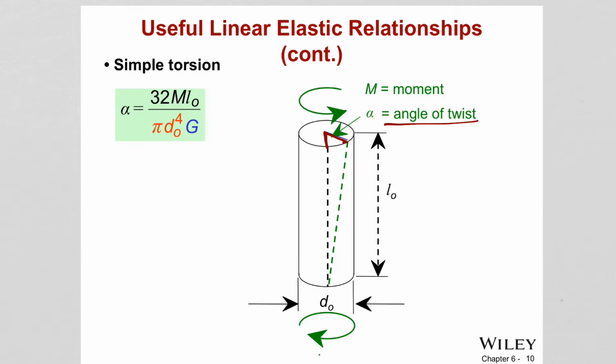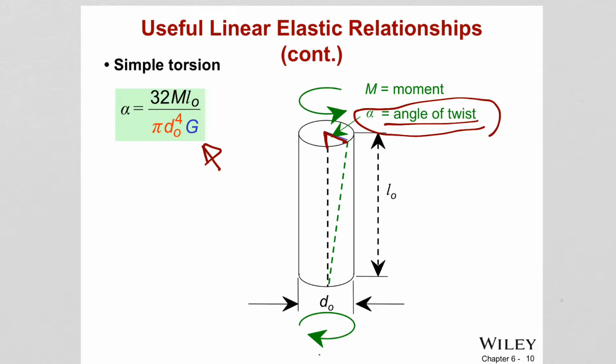So there is an angle in between called the angle of twist, and that shows us how much the material is deformed. And this relationship is given to us here, but I'm not going to ask anything about torsion.